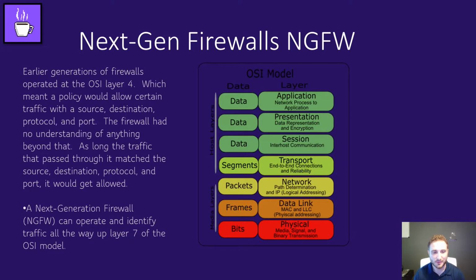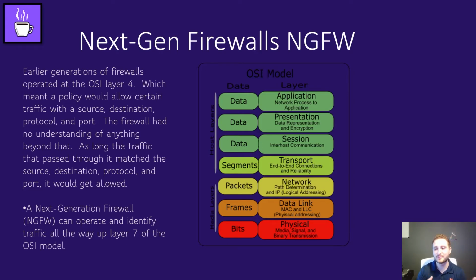The next generation firewall operates and identifies traffic all the way up to layer 7 of the OSI model. So what does that mean? That means that the firewall is now looking at the payload of the packet, and it's actually taking a deep dive into each packet and trying to identify things like applications, and if it can identify the application, what kind of application is it? Or does what we see in the payload match some sort of malicious virus signature or malicious software, or spyware or whatever?